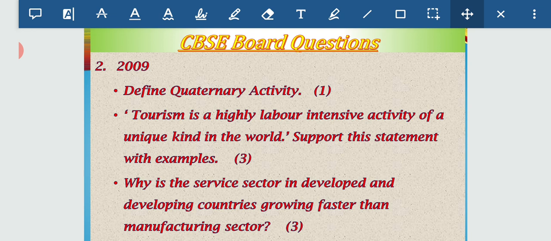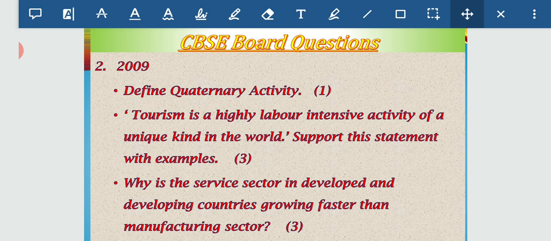Now next, the service sector is growing in importance because more and more females are seeking employment in the service sector, and that provides a better environment for them and a higher per capita income than in the manufacturing sector. You can just see the salary status of the manufacturing sector and the service sector.